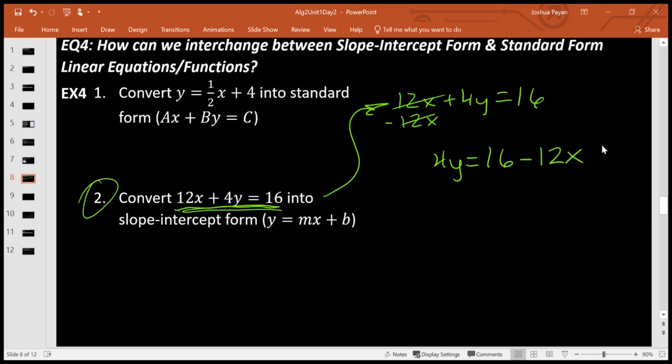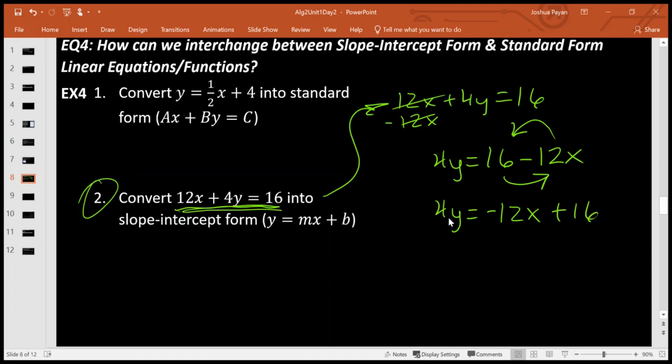Okay, and right here, I can rearrange these two terms. I can go ahead and flip-flop these, but they have to keep their signs. This minus 12x, that's a negative 12x, right? This 16 is a positive 16. So when I flip them, it's going to look like this, negative 12x plus 16.